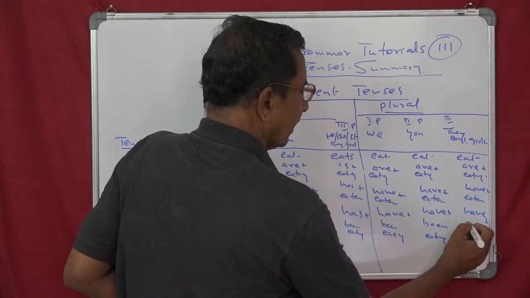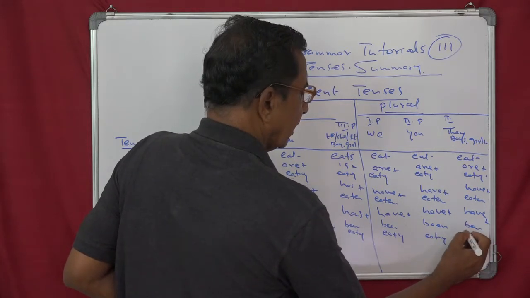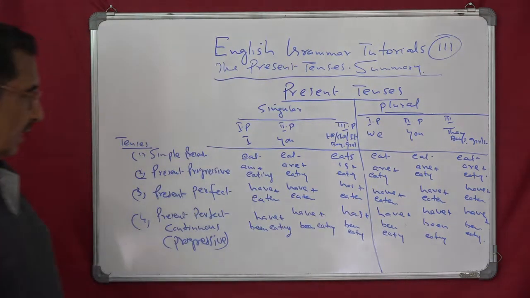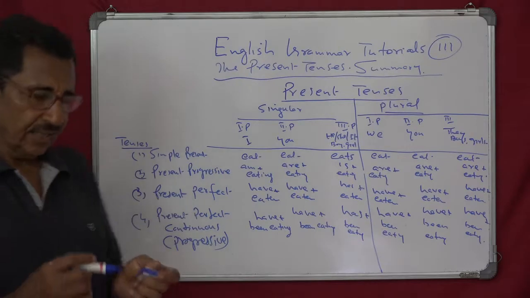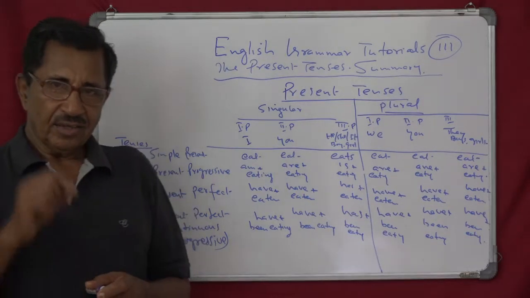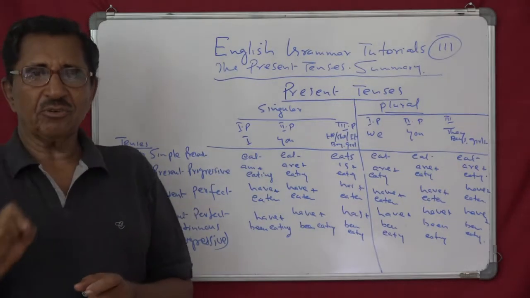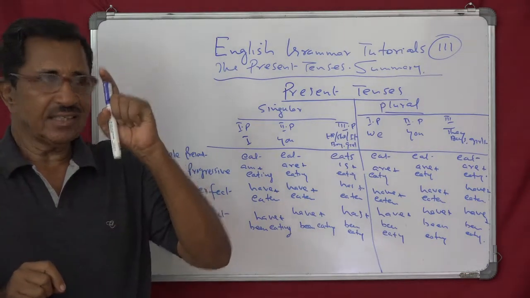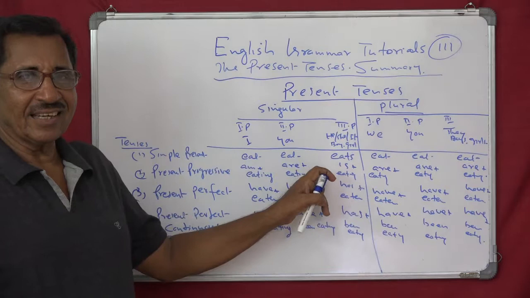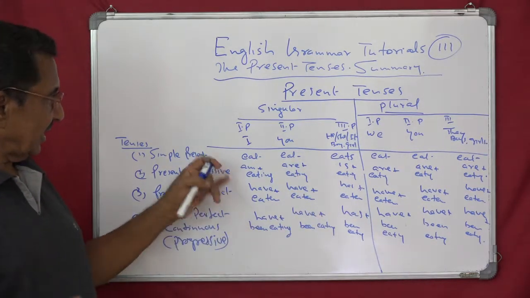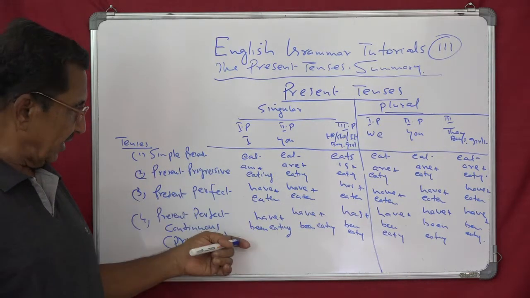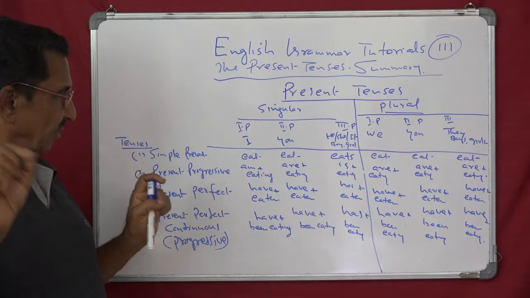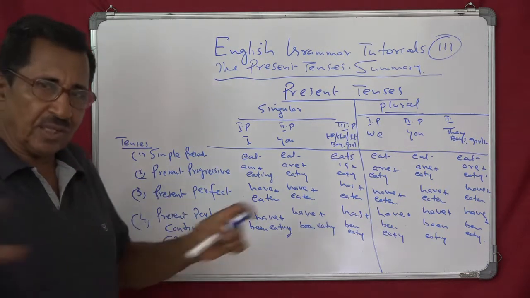So actually in English the present tenses need special attention in only one place. Attention please, here, third person. And in first person you have am, that's all, in the present continuous tense, no other place.